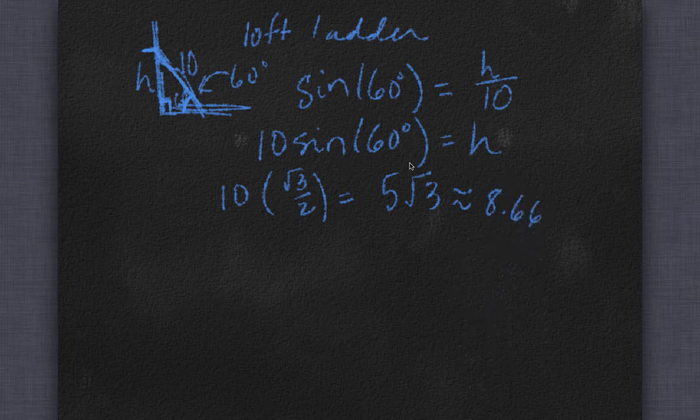So if you were looking to be 8 2/3 feet, or 8 foot 8 inches up the wall, then you'd have the ladder in the right place. If not, you might pull it out or shove it up and measure again.